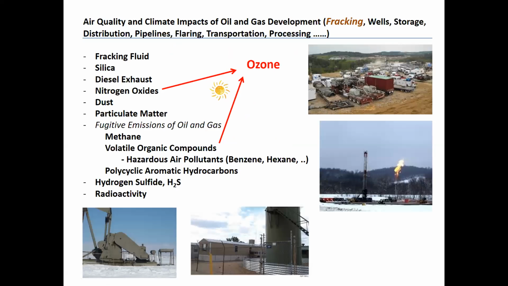So Julia already made a good point. There's some 10 or so fracking rigs active here in Colorado or in the Front Range, more or less. And there's something like 25,000 wells. So when it comes to the air quality and climate impacts, it's not really the fracking sites themselves that cause the overwhelming abundance of the impacts.